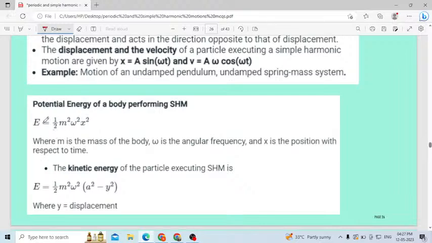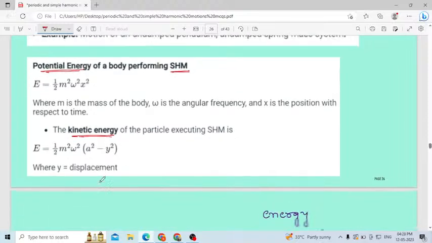See here, the potential energy of a body performing simple harmonic motion: E is equal to half m omega square x square. Then this is the kinetic energy of a body executing simple harmonic motion: E is equal to half m omega square bracket a square minus y square.